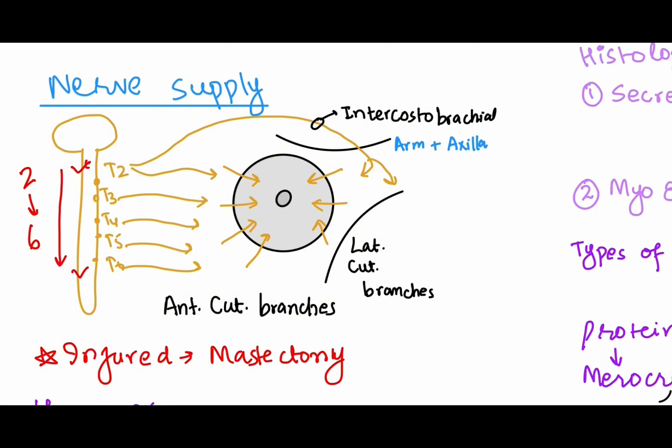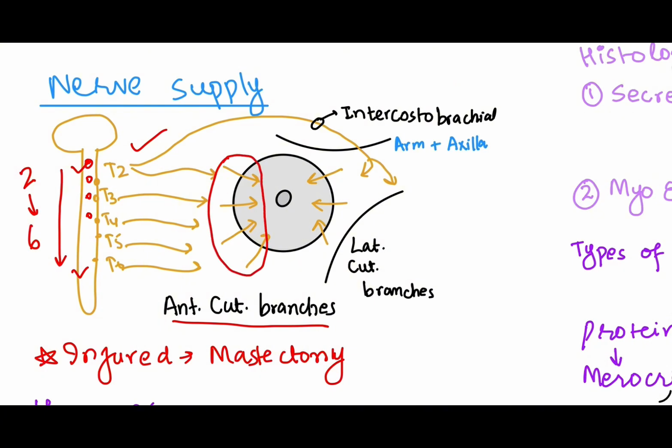There are spinal nerves coming out from those vertebrae, also from T2 to T6. So these spinal nerves give anterior cutaneous branches from T2 to T6. Okay, the numbers are the same, 15 to 20 lactiferous ducts, and T2 to T6 and 2 to 6. So the anterior cutaneous branches are going to supply the anterior part and the medial part of the breast.